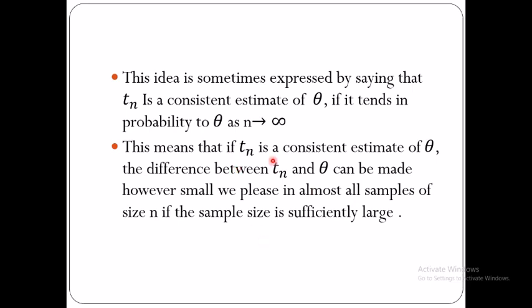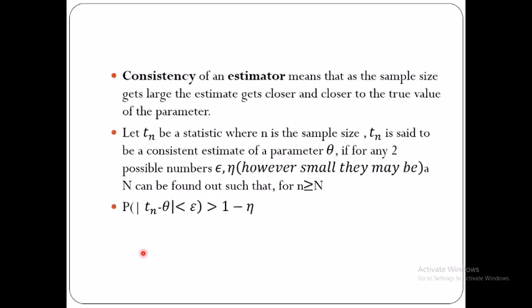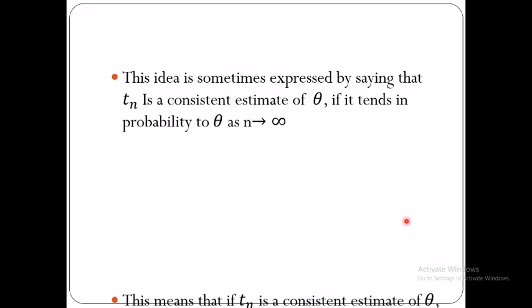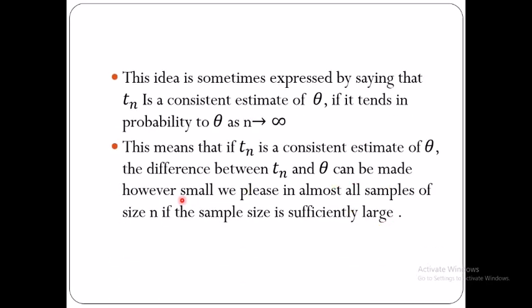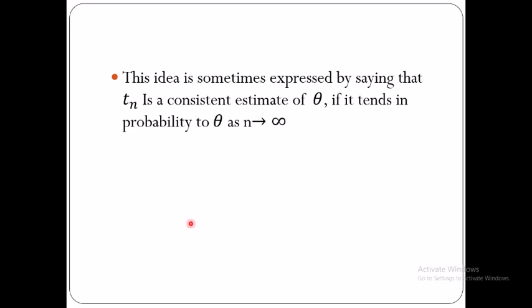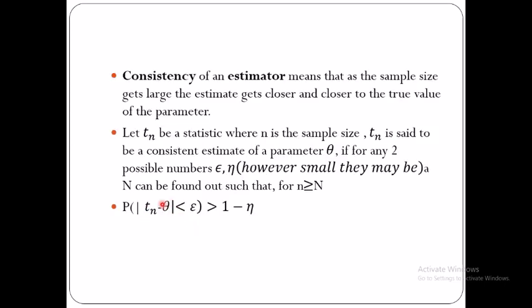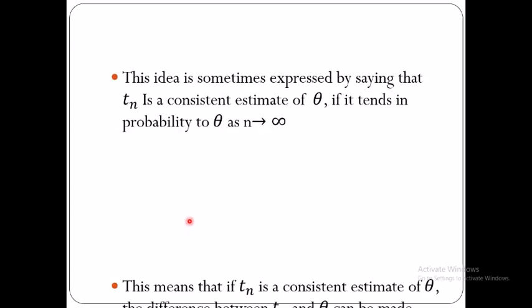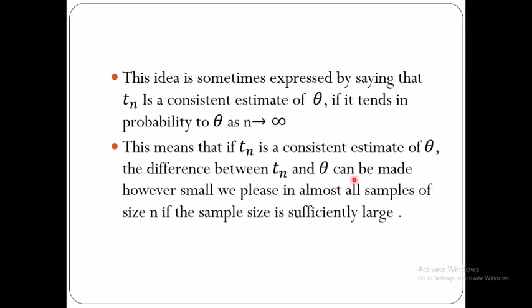This means that if Tn is a consistent estimate of theta, then, let's have a look at the formula, the difference between Tn, that is the statistic, and the parameter theta can be made small, that is less than epsilon over here. Epsilon is again a very small but positive quantity.